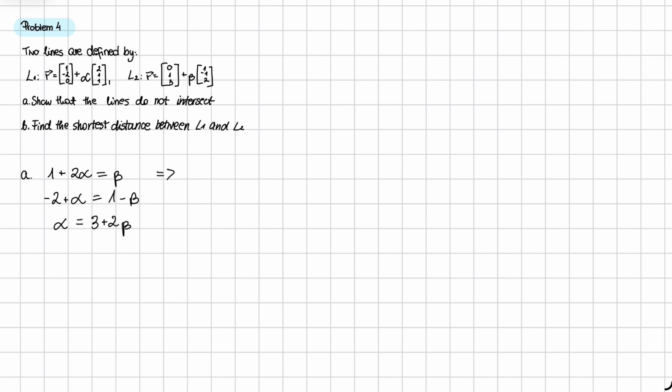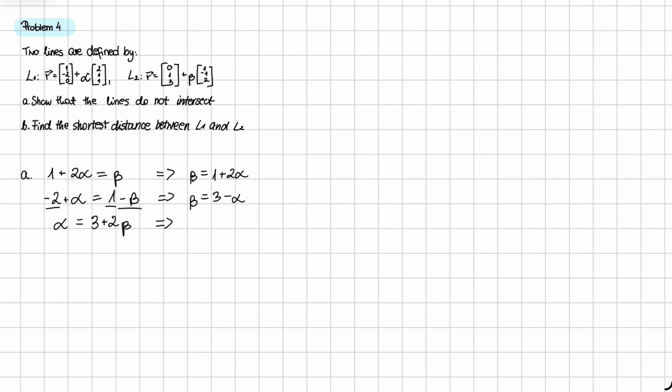And now we can simplify our equations and check whether one alpha and one beta satisfy all these equations. From the first one, we have that beta equals 1 plus 2 alpha. From the second equation, we can move minus beta to the left hand side, so beta equals 1 plus 2, so 3 minus alpha.